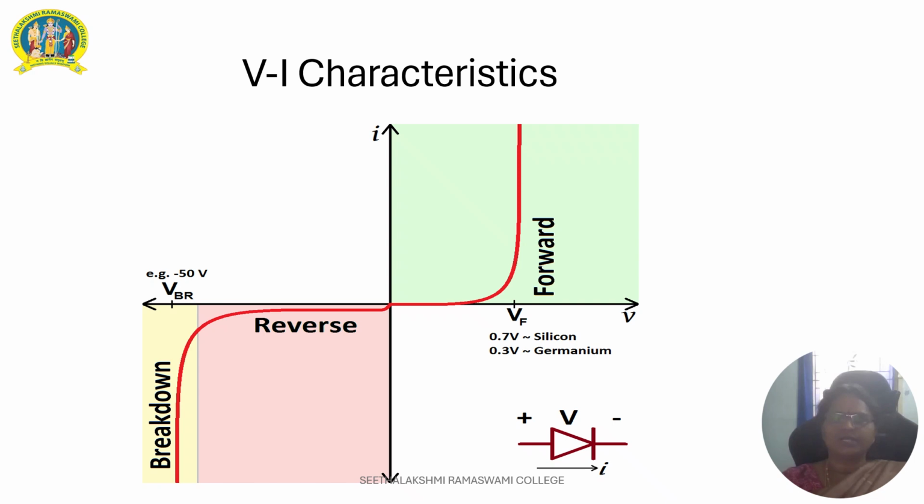The forward characteristic curve is drawn. Here the forward voltage is 0.7 volt for silicon and 0.3 volt for germanium. These silicon and germanium are semiconductors. And in the case of reverse characteristic curve, the breakdown voltage is noted, example 50 volts.